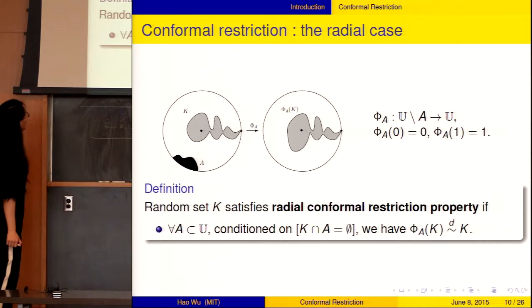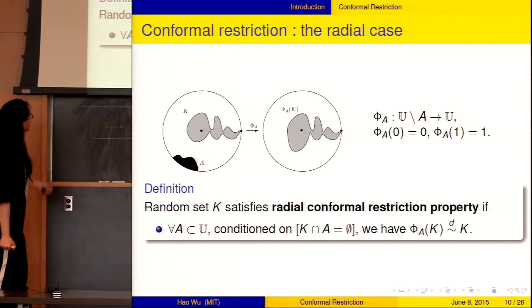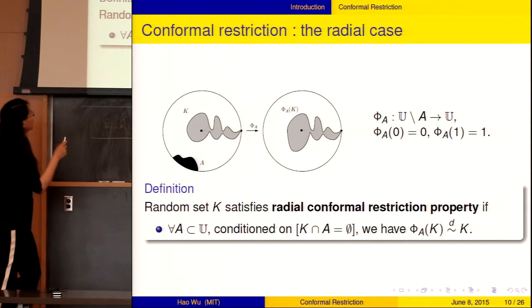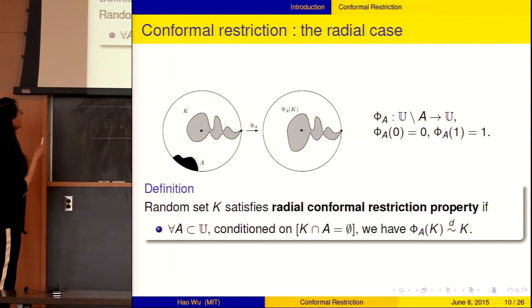For the radial case, we say a random set satisfies the radial conformal restriction property if it satisfies this relation. Suppose we are working in the unit disk. This random set contains the boundary point 1 and also the interior point origin.